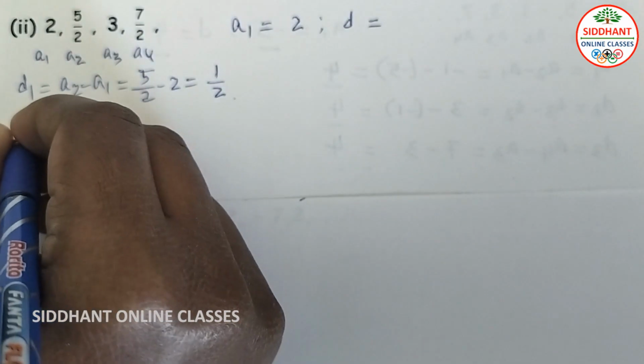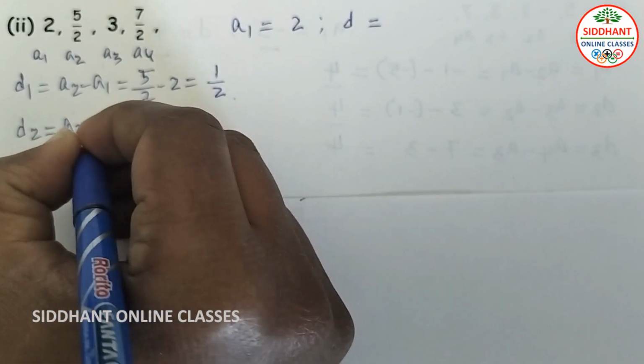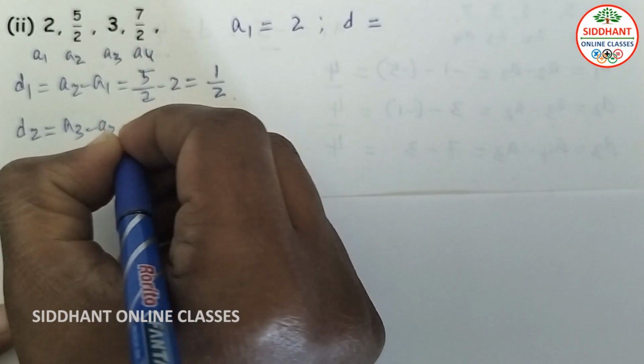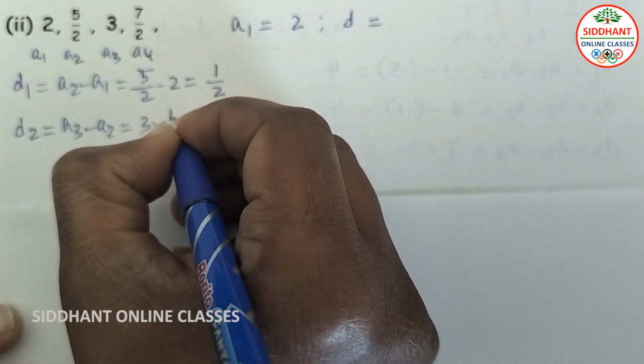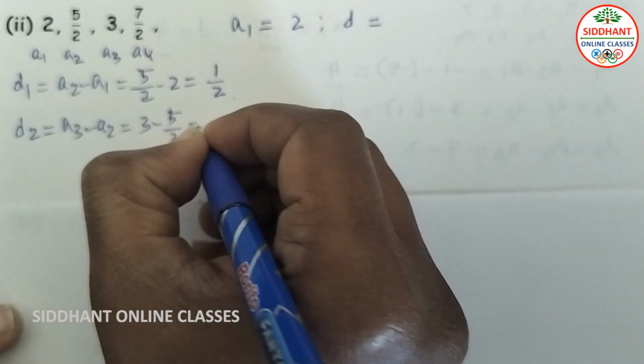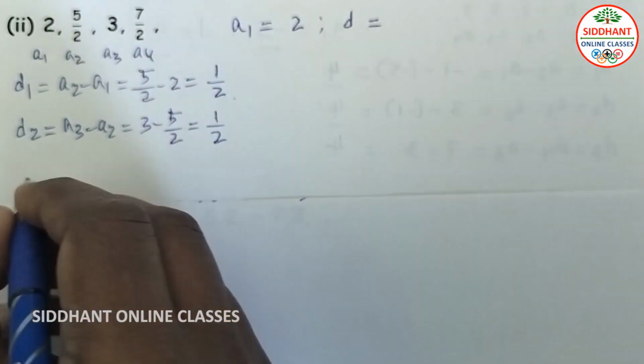Next D2, A3 minus A2, that equals 3 minus 5 by 2, that equals 6 minus 5, which is 1 by 2.